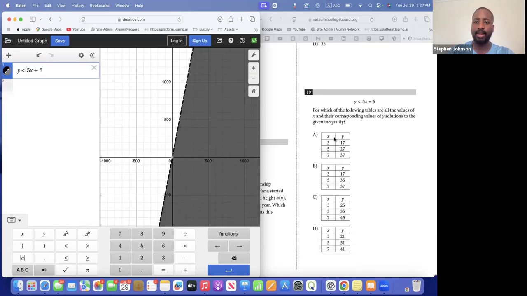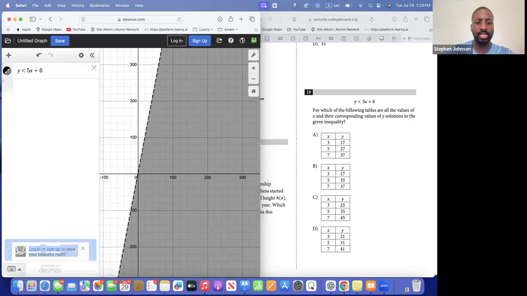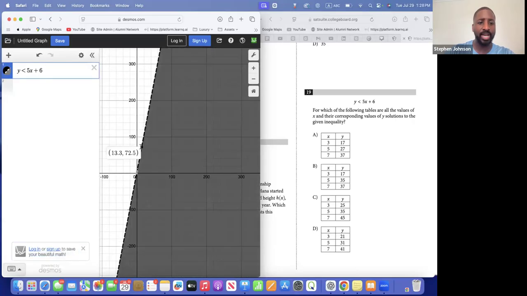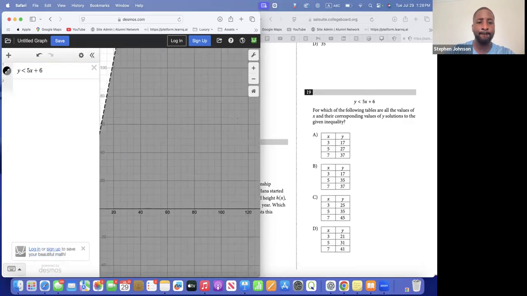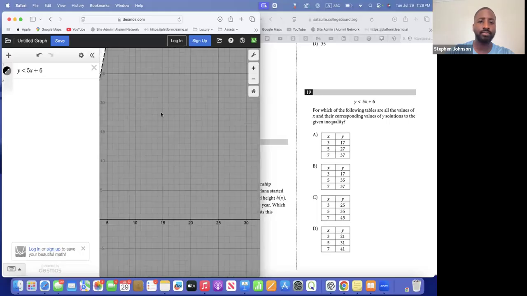It says, let's see, choice A, (3, 17). Let's zoom in, because these are smaller numbers. Is (3, 17) inside of here? When x is 3, let me zoom in more.